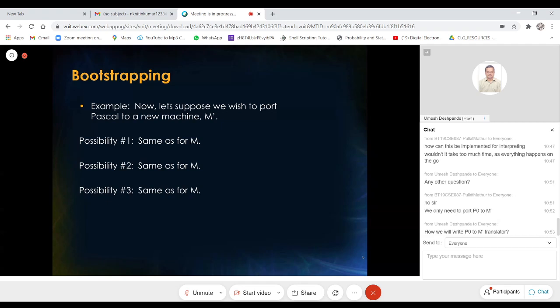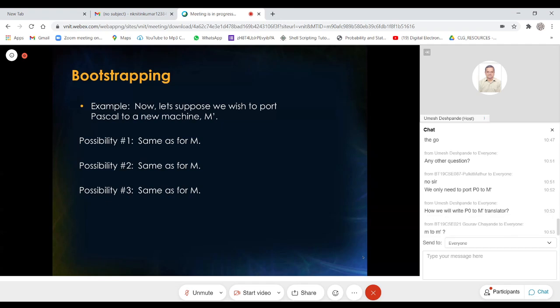So how will we write the P0 to M dash translator? Yeah, if possible, using some other higher level language, or otherwise assembly. Okay, fine.